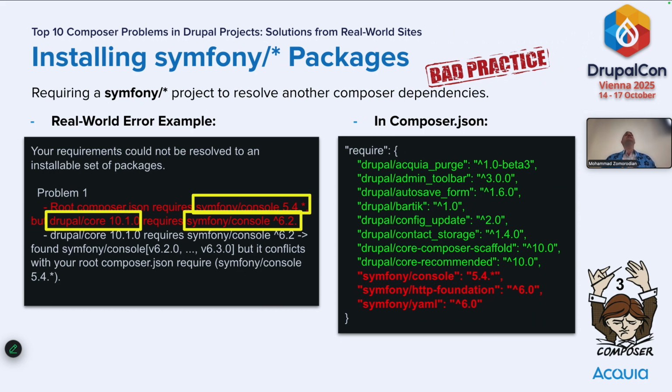That is the problem, basically creating a conflict in your Composer project when you are installing something, or running composer update or composer install. So try to avoid installing any Symfony package unless it's really custom work and it's necessary and you have a purpose for it.